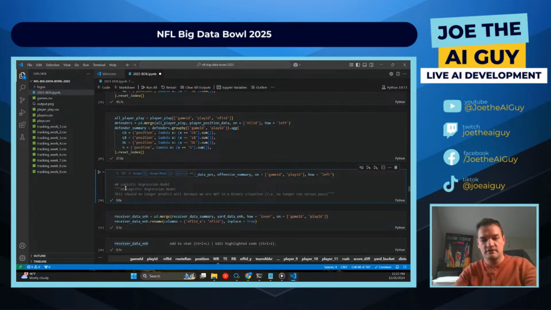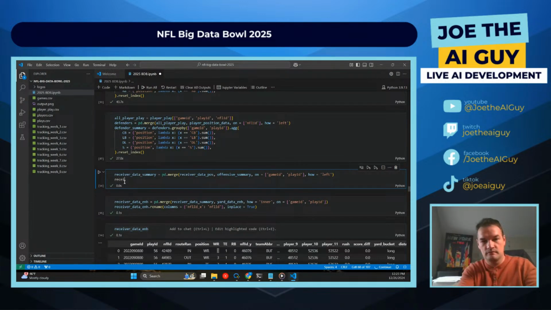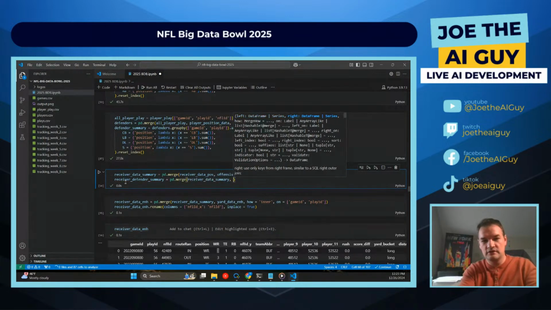Let's call this receiver defender. We want to bring in that receiver data summary and then the defender summary.